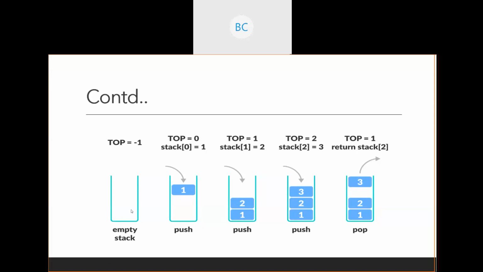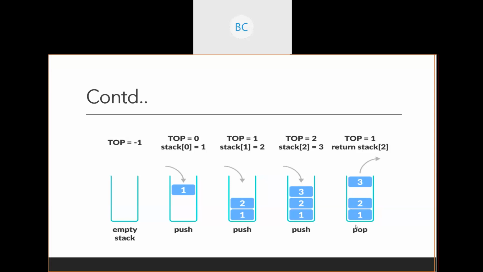Okay. So sorry. So when you will add an item to the stack, you will just increment the value. This one is clear, right? So initially when your stack is empty, your top value will be -1. Whenever you will add an item, you will simply increment the top value and add the item.